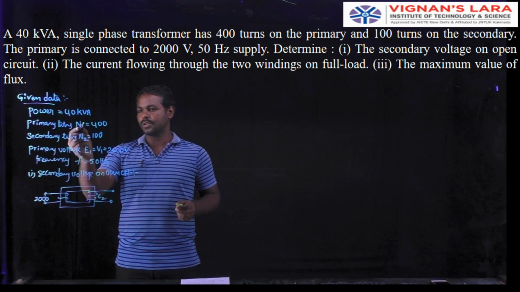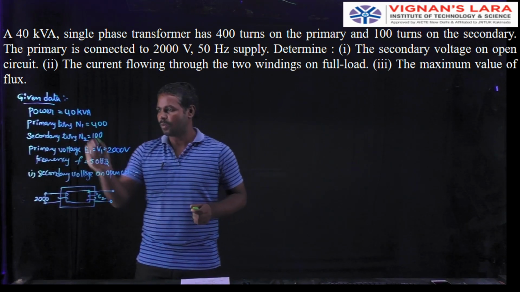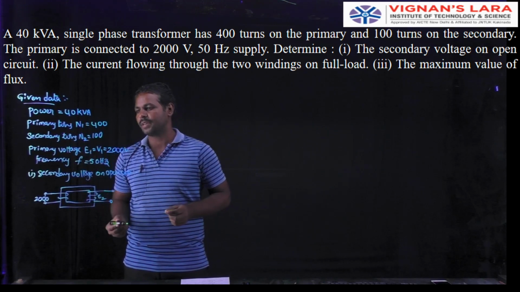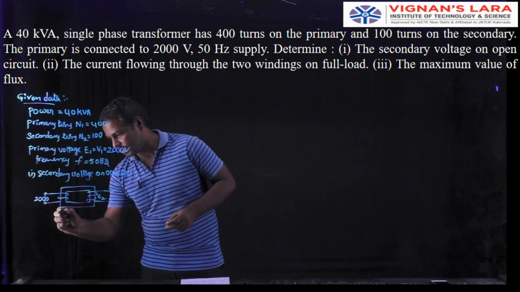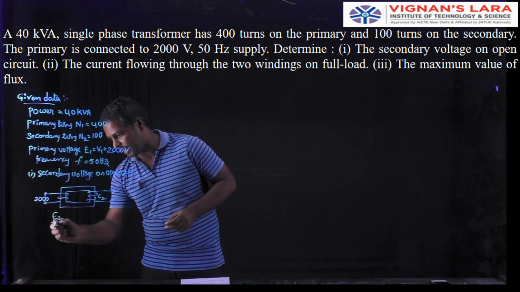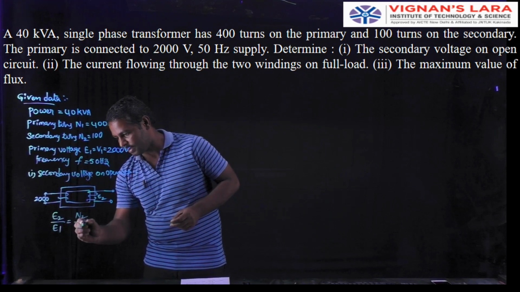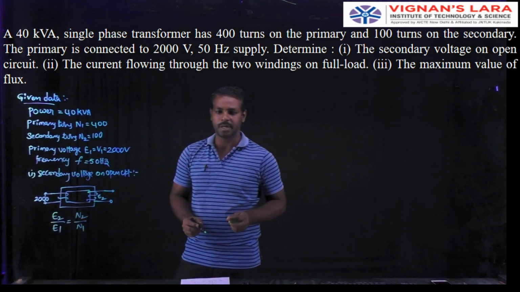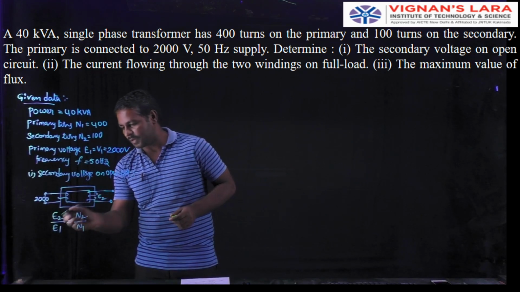N1 is equal to 400, N2 is equal to 100, E1 is equal to 2000. What was the relation between number of turns and voltage? E2 divided by E1 is equal to N2 divided by N1. Then we can find the value of E2.